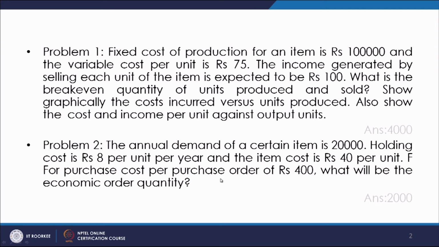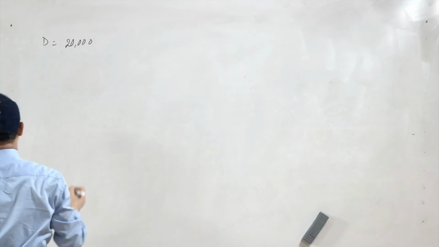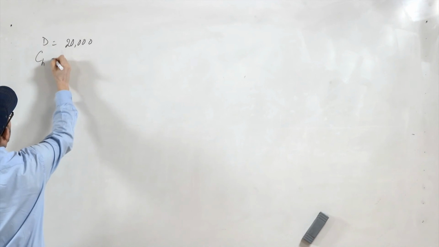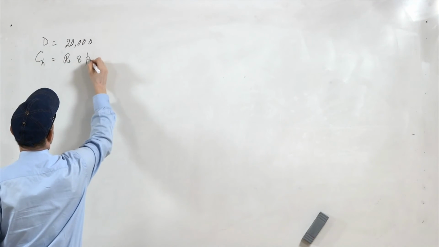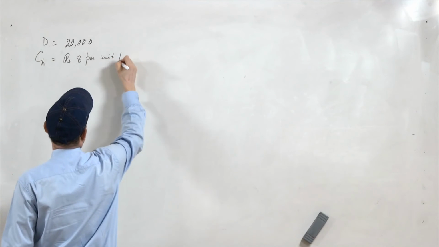What will be the economic order quantity? For this we will have the formula, and we place the values of the given quantities. D, the annual demand, is given as 20,000. The holding cost is rupees 8 per unit per year.